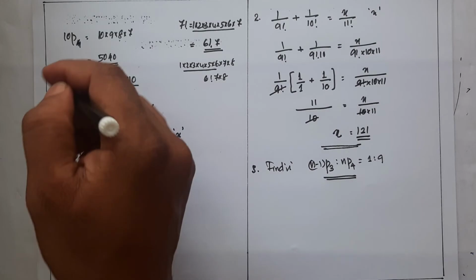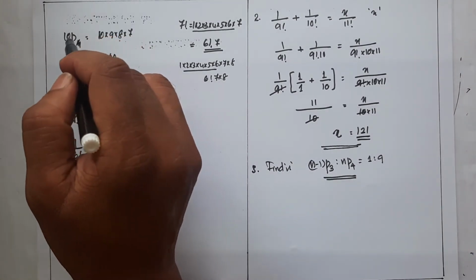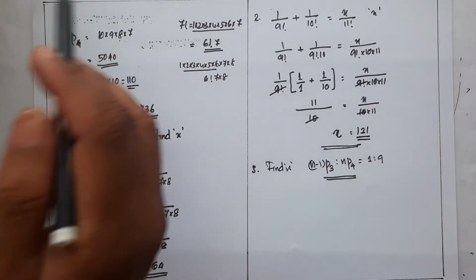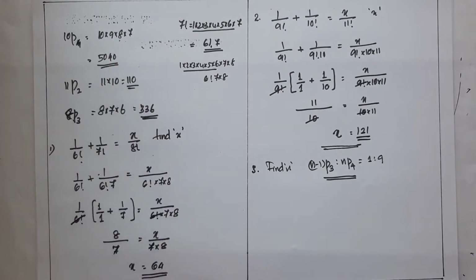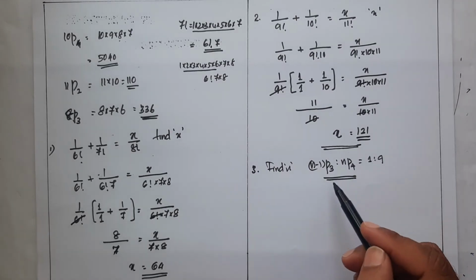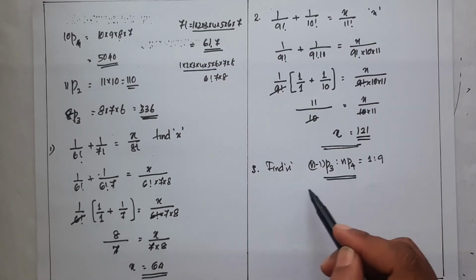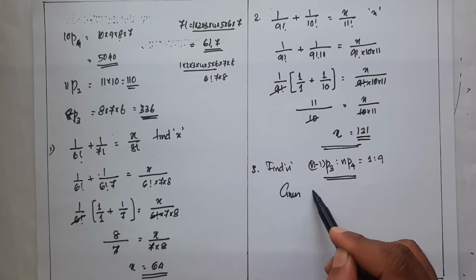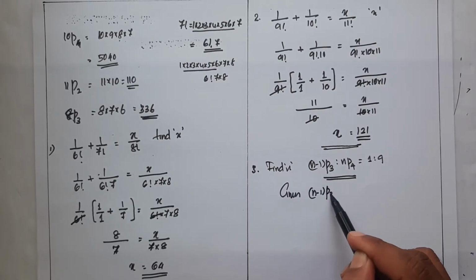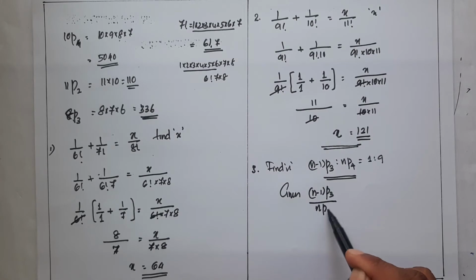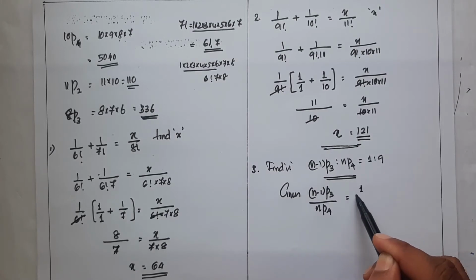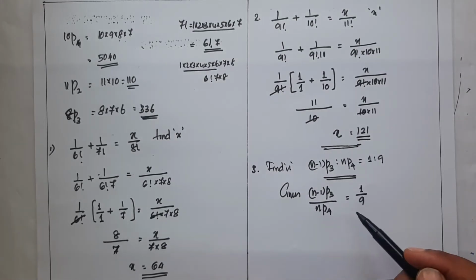You know, if we write 10P4 it means 10 into 9 into 8 into 7, in reverse, 4 digits. 11P2 means 11 into 10. 8P3 means 8 into 7 into 6. And 9P3 means 9 into 8 into 7. That's all. Similarly, here given (n minus 1)P3 divided by nP4 is equal to 1 divided by 9. Then what is the value of n?